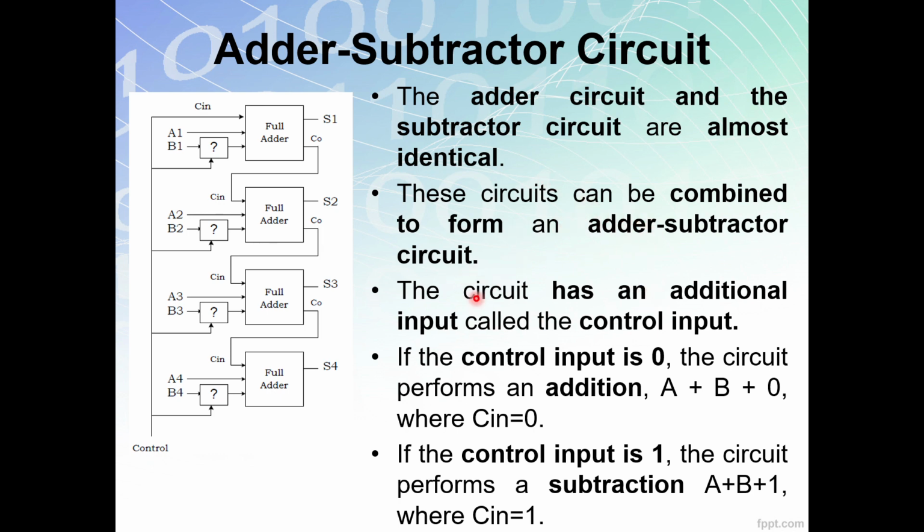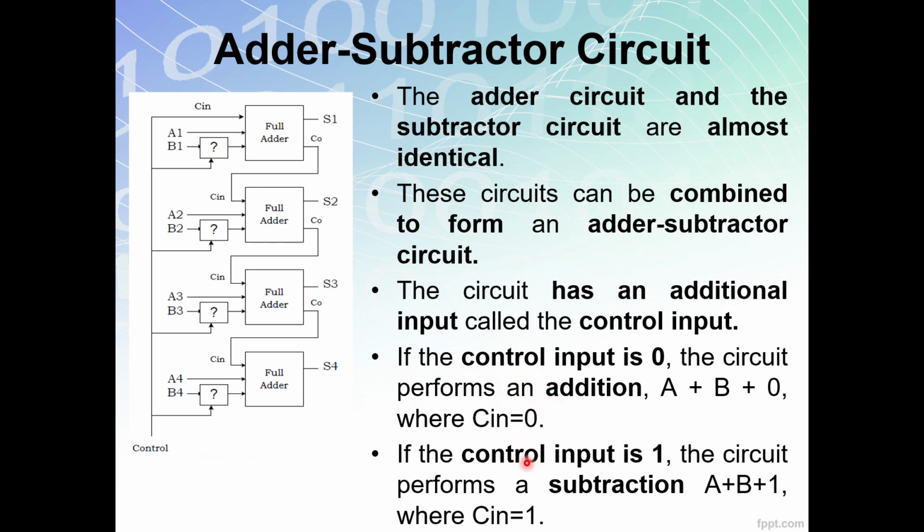But in this circuit, we have to put some additional input we call a control input. This control input will be controlled to do either the operation of addition or subtraction. If you want to do the addition, your control input becomes 0. Then the circuit will perform the addition, and your Cin wire as the first bit will become 0.